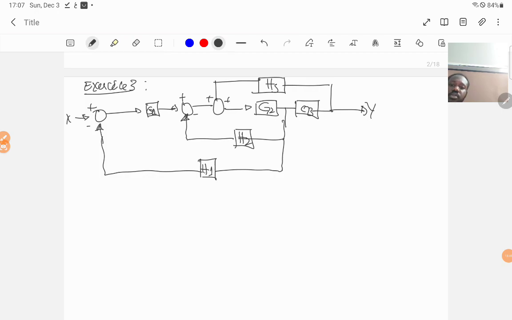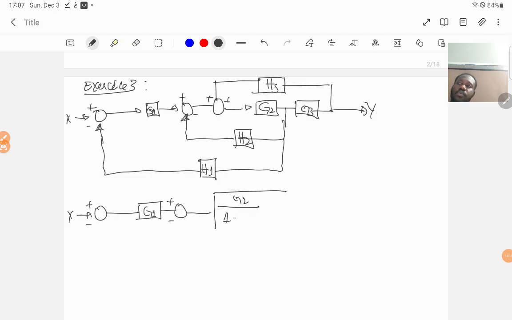So let's get started. Here we'll have g1, and this one will become a transfer function, g2 over 1 plus g2 g3 h3, and we'll have g3 in here, y.